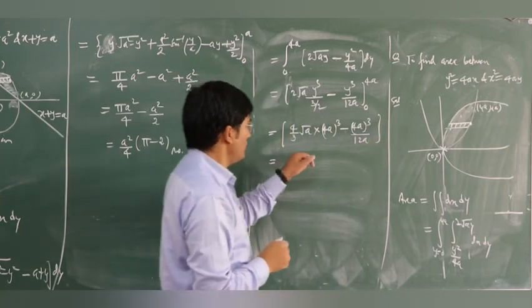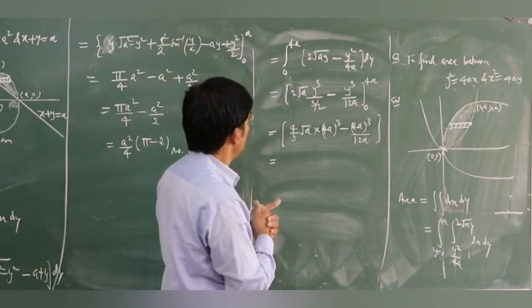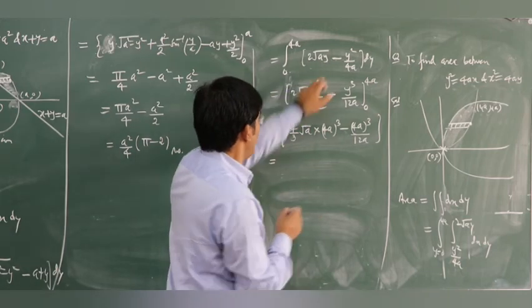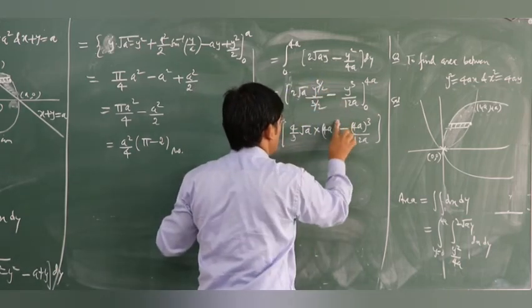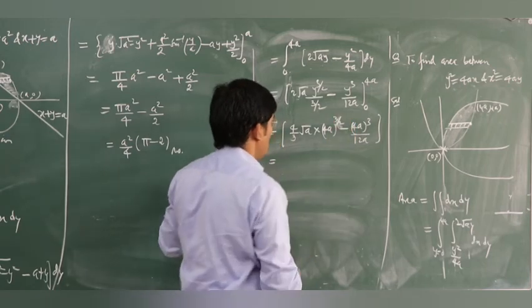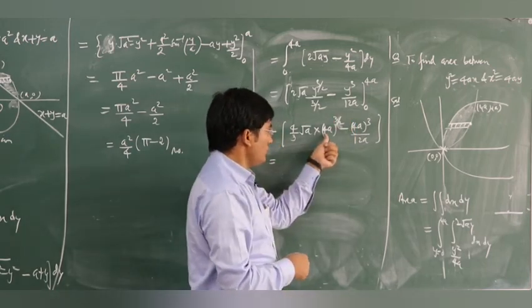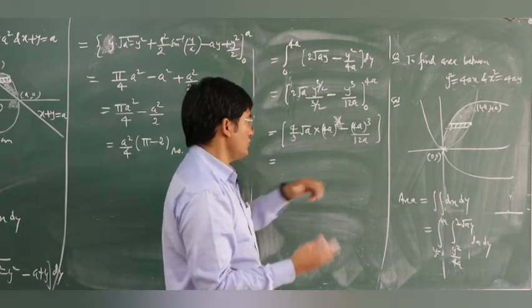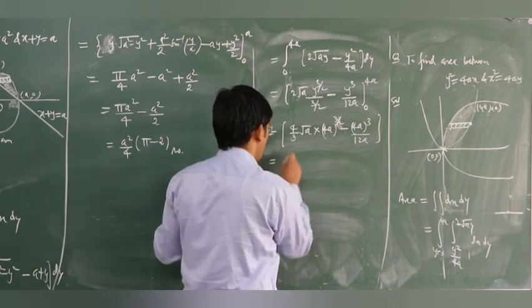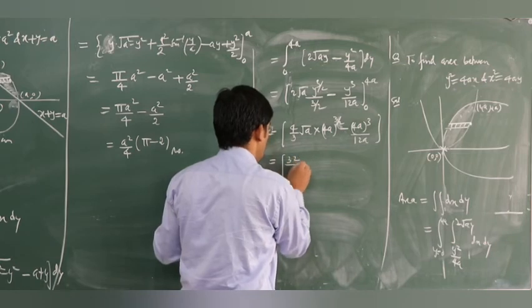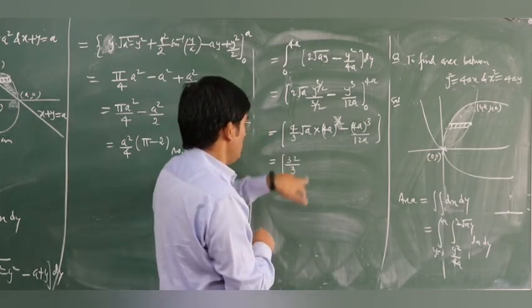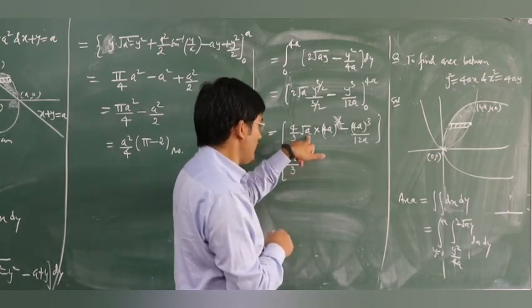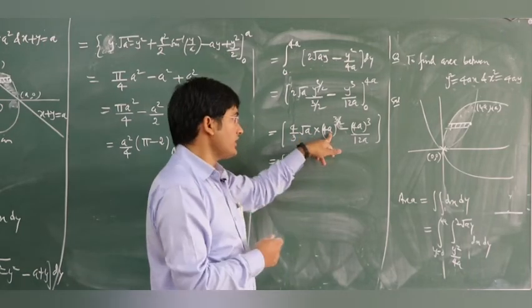Now this root y will be y power 3 by 2, so we have 3 by 2 here. Now 4 power 3 by 2 means 2 power 3, so 2 power 3 will be 8, 8 times 4 is 32, so we have 32 upon 3, then this is a root a, and this a power 3 by 2 can be written as a root a.